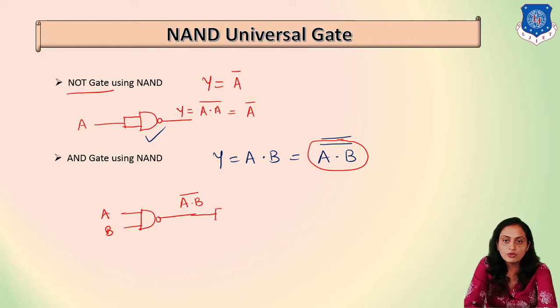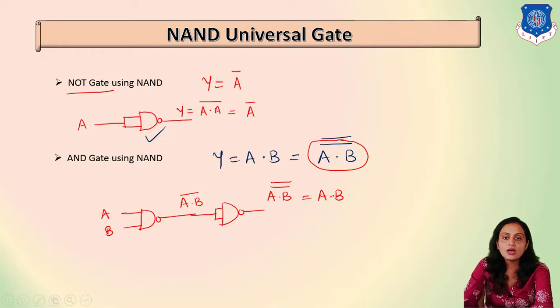So I will put a NAND gate with both the inputs shorted, and then I will get A dot B 2 times bar, and ultimately it will be A dot B. So this is how I can design the AND gate using the NAND gate. I need to put just one NOT gate at the output of the NAND gate.